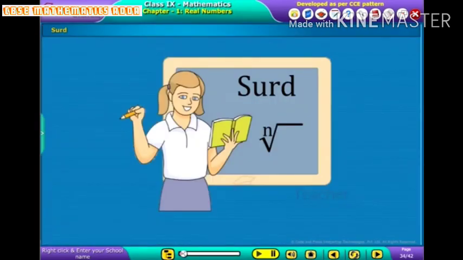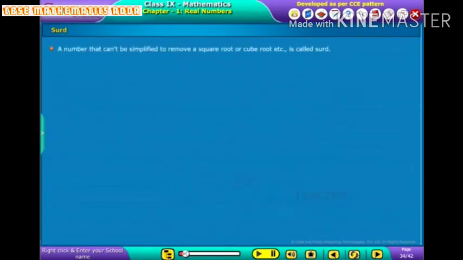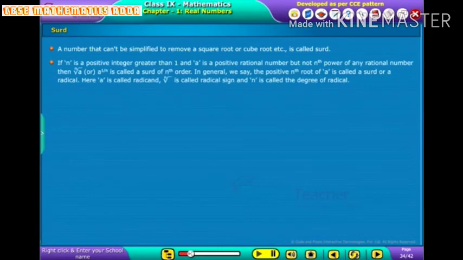Let us discuss surd. A number that can't be simplified to remove a square root or cube root etc. is called a surd. If n is a positive integer greater than 1 and a is a positive rational number but not the nth power of any rational number, then nth root a or a power 1 by n is called a surd of nth order.